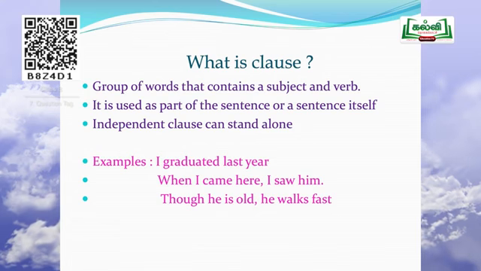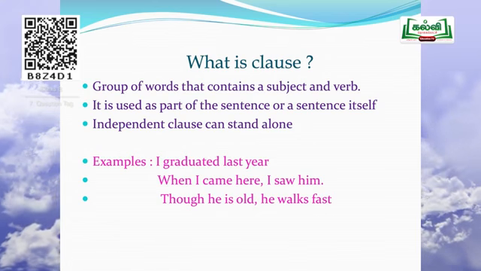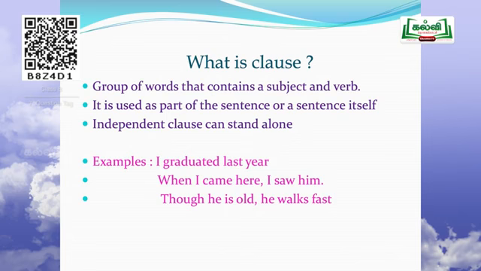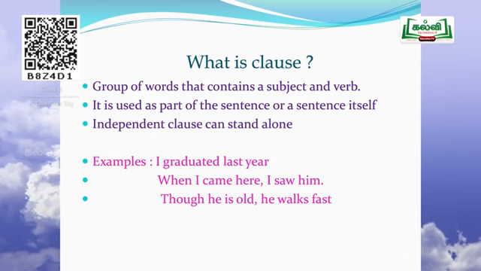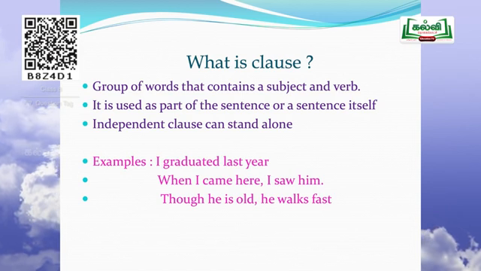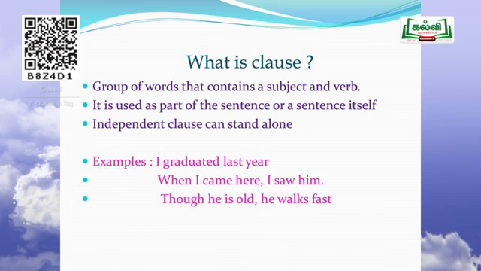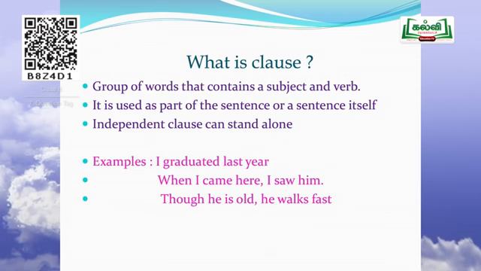Here are some examples for clauses. I graduated last year. This is a clause. Actually, it is an independent clause. It can stand alone. Another example: when I came here, I saw him. Here, I saw him is the main clause. It can stand alone. It is a complete sentence because it has a finite verb and a subject.